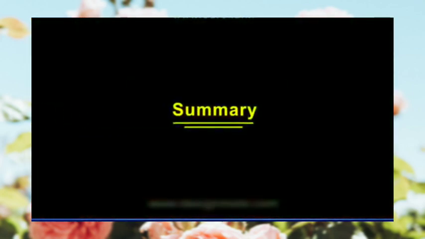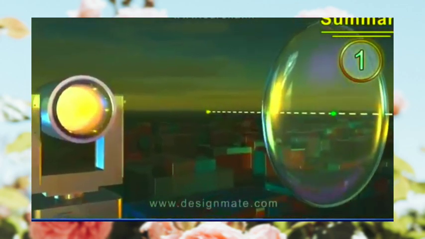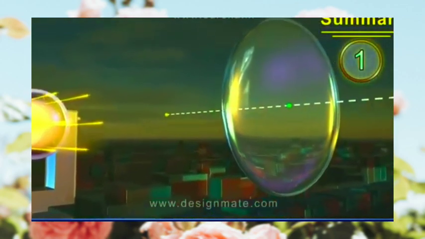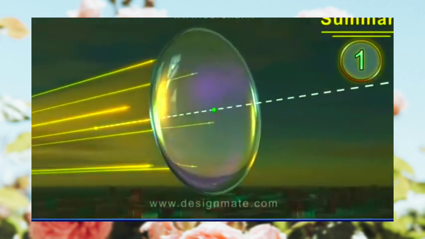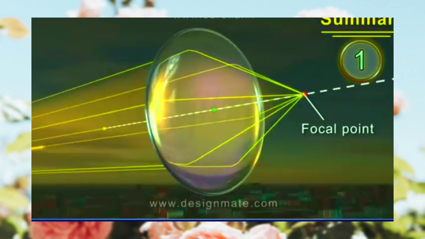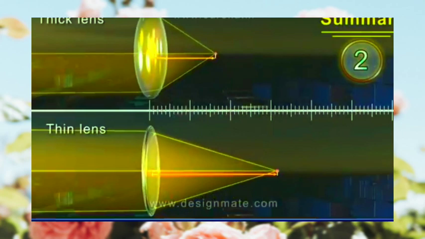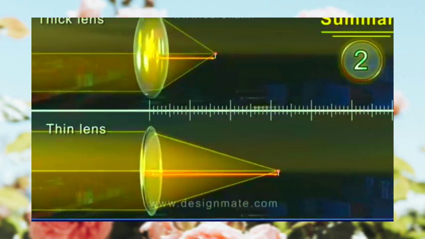To summarize, we have understood that 1. Light rays parallel to the principal axis and incident on one side of the convex lens undergo refraction and converge at a point on the principal axis on the other side. 2. The focal length of thinner lens is greater than that of the thicker lens. 3.